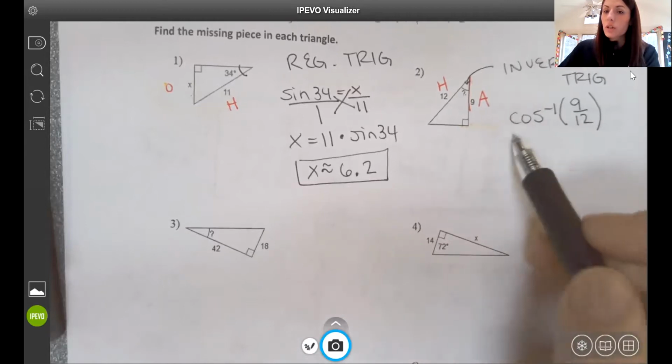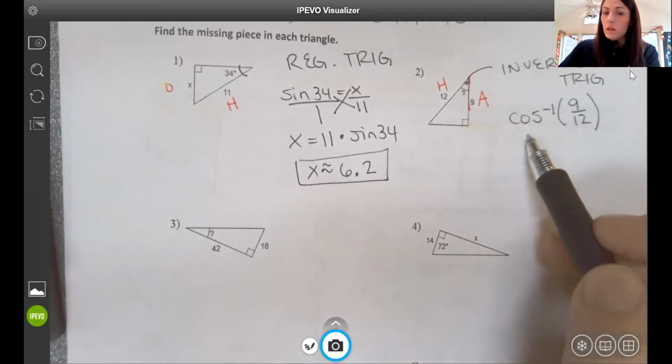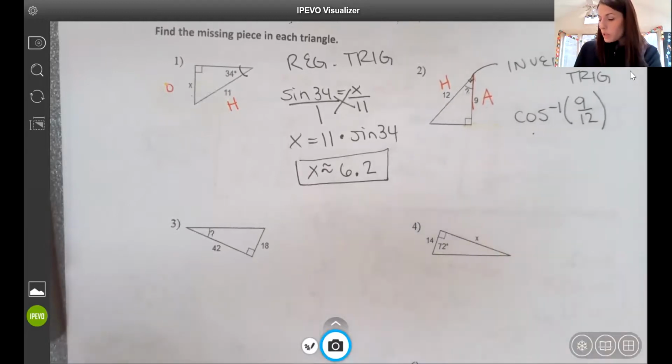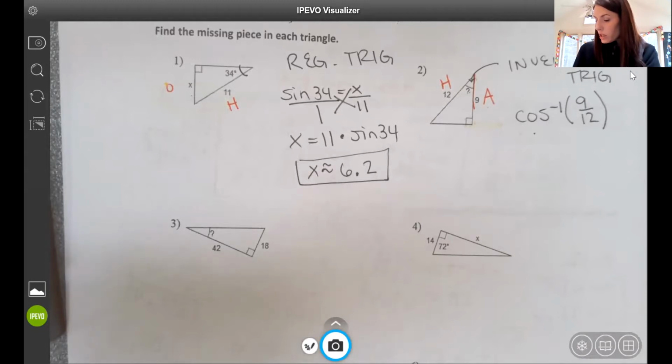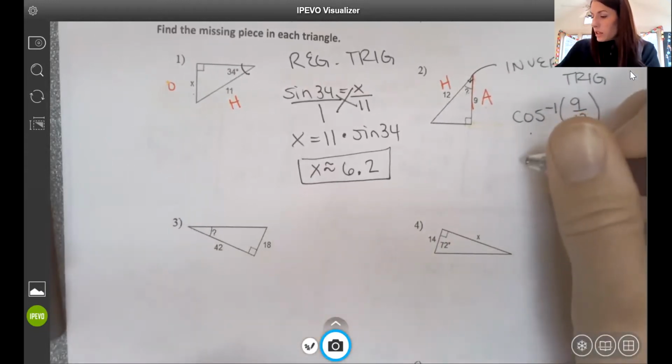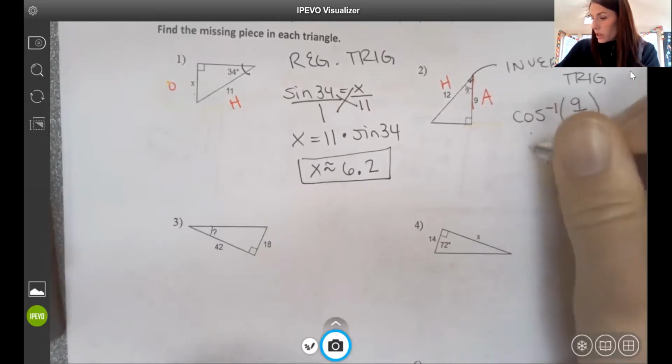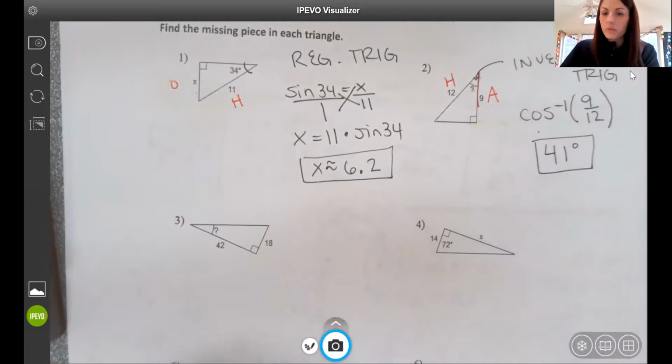So I have to know which function to use. And then I put in the ratio, 9/12, and I'm using in my calculator inverse cosine of 9/12, and you do the same. And to the nearest degree, I get 41 degrees. It's 41.4.